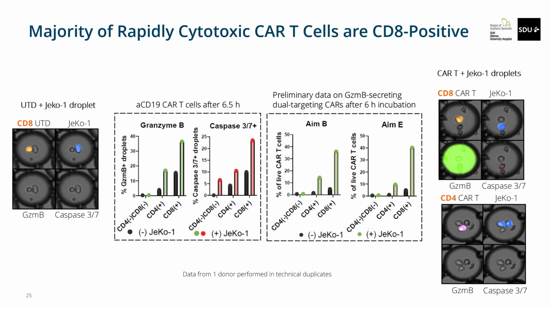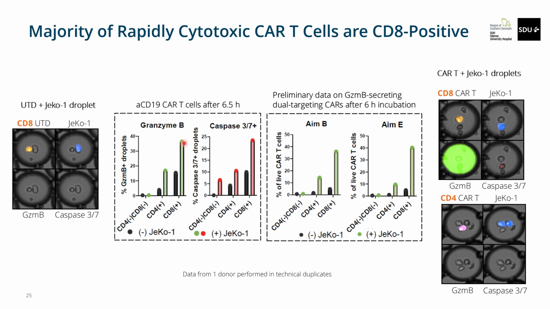With the absence of interference affirmed, the team went ahead to test both the monospecific CARs, represented here by the anti-CD19 CARs, and also some of the dual targeting CARs, B and AIM-E. And if we focus first on the anti-CD19 CARs, it's not surprising that the CD8 positive cells are cytotoxic.